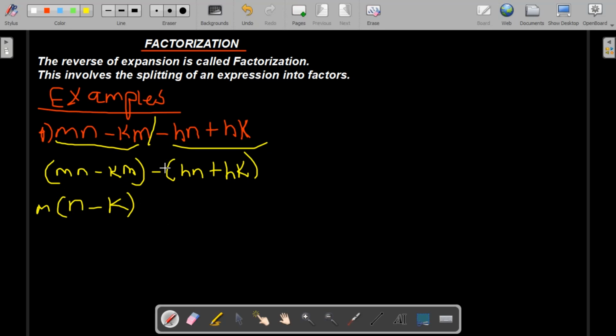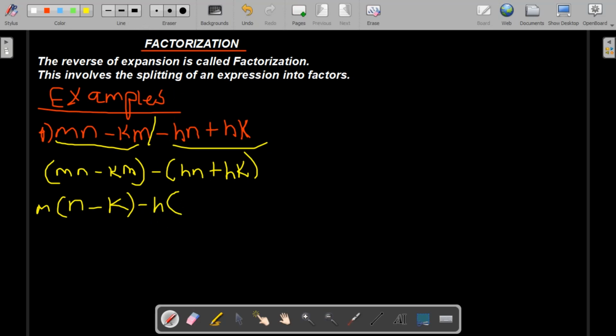Then from there, we're going to factorize this side. We say minus, and before we open the bracket, we find the common factor, which is h.